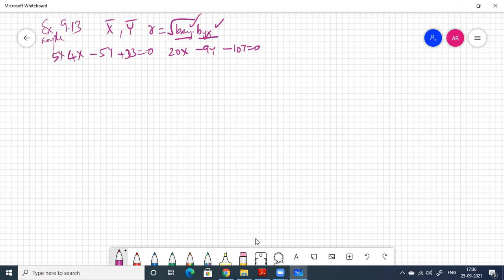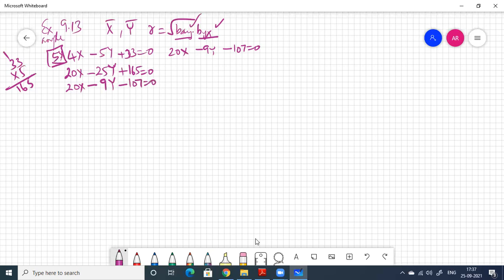So 20x minus 25y, multiplying by 5, and 33 into 5 is 165, plus 165 equal to 0. And then 20x minus 9y minus 107 equal to 0.